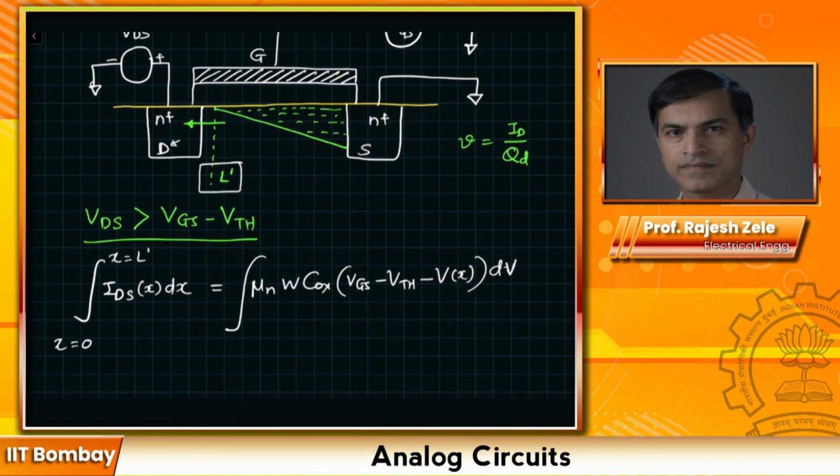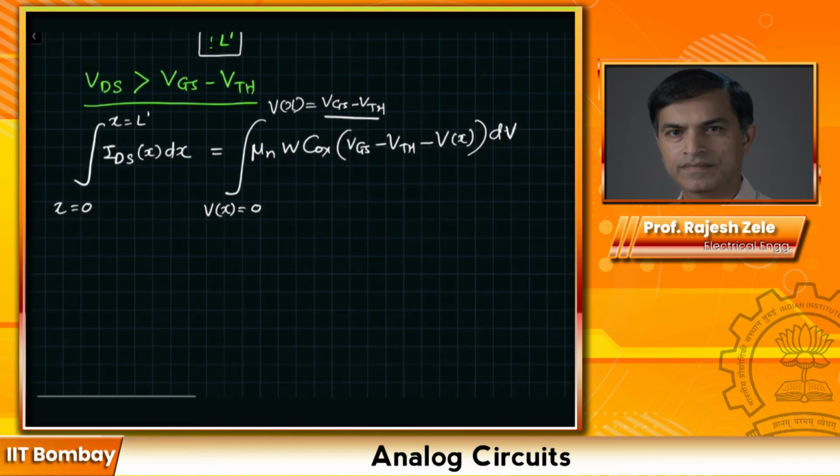And on the right side, what is Vx varying from? Vx equal to 0 all the way to Vx going to VGS minus VTH. And this happens because the channel gets pinched off when the channel potential is equal to VGS minus VTH.